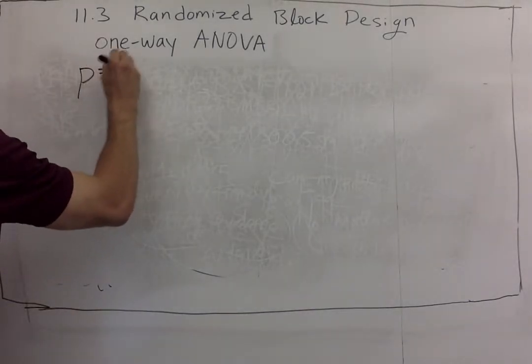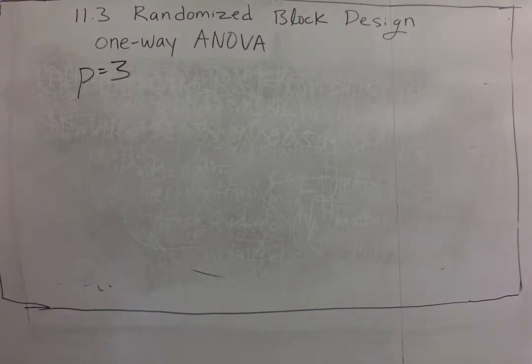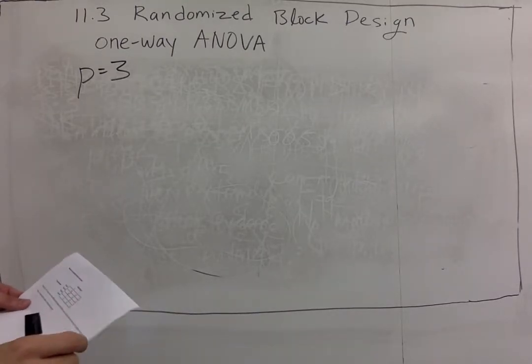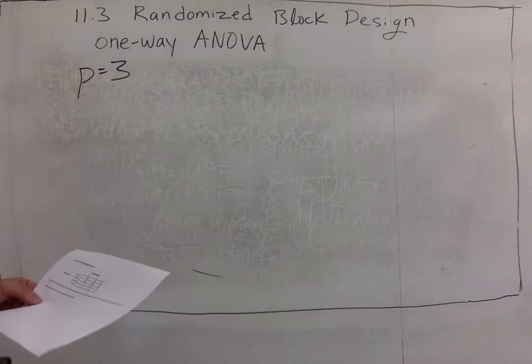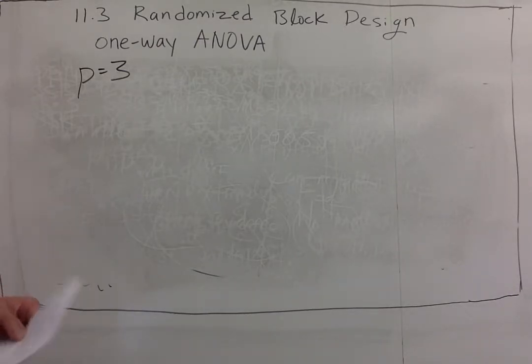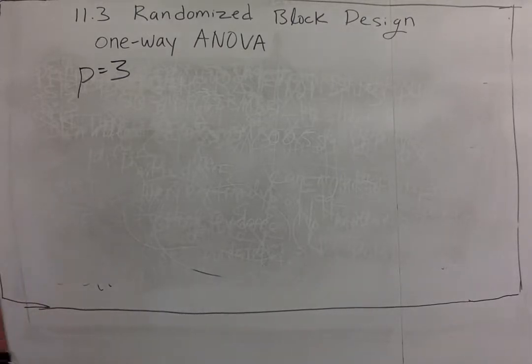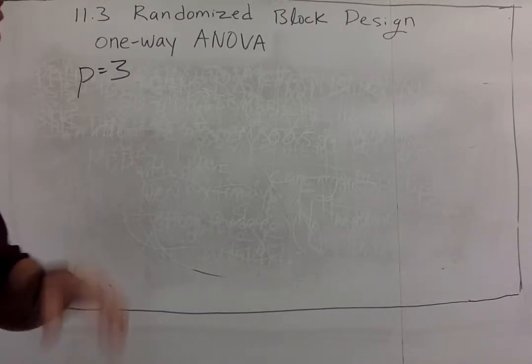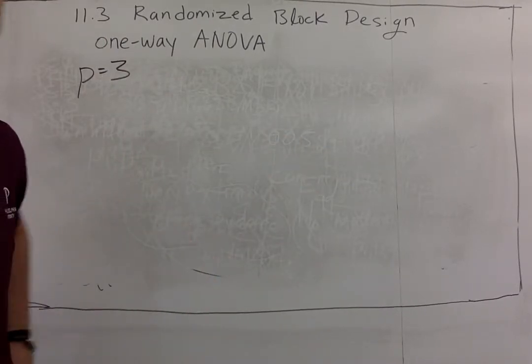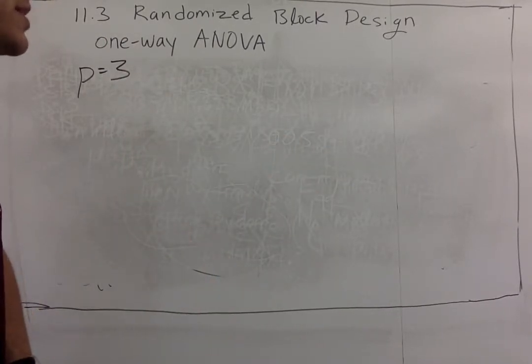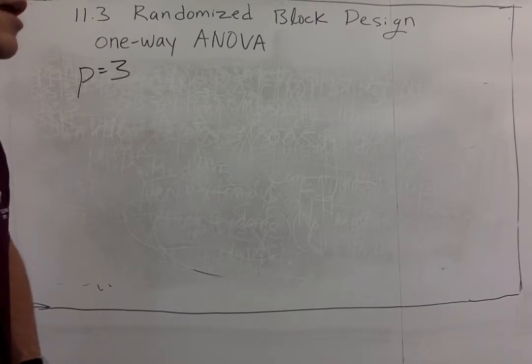We're comparing three bottle designs, A, B, and C. The response variable is the sales. But because it might affect the sales which supermarket or store we're selling these bottle designs in, we're going to use a block of locations.